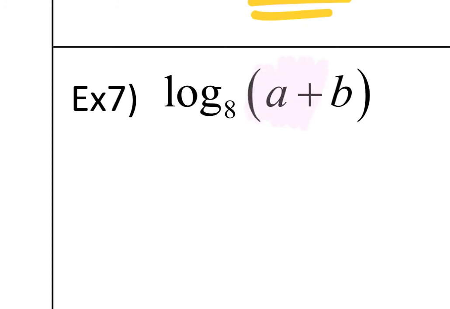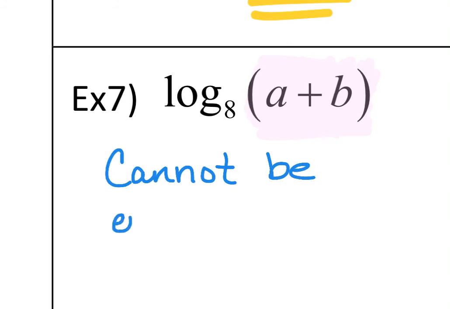So if the entire argument of a logarithm is an addition or subtraction problem, you can't do anything else. You're done. This problem is over. Make a note that this cannot be expanded farther.